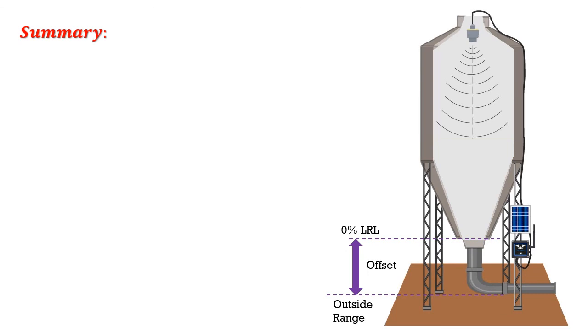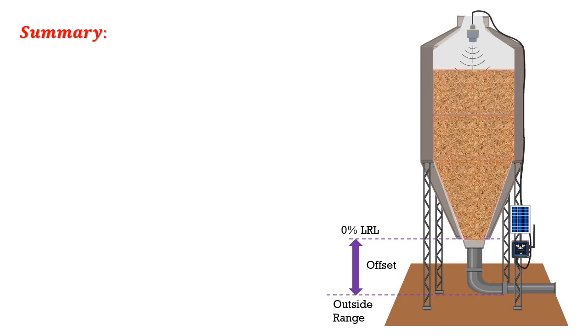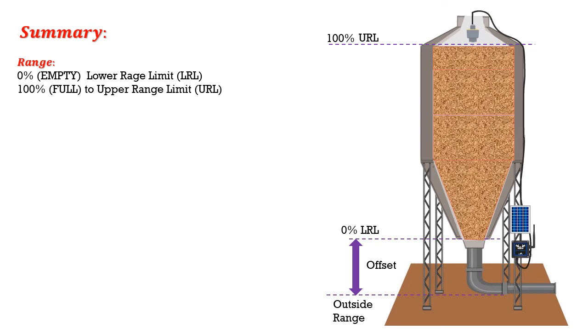These may be temperatures, pressures, or anything that we wish to measure. Then we have our upper range limit, which would be considered 100% full. The gap between our upper range limit and our lower range limit, well, that's considered our span, or how much our sensor actually needs to be able to measure.